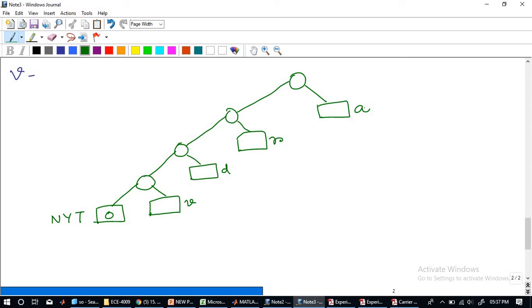We don't have the node number or the node weight, so we have to put those. I'll put the node weight first. Once again, V has appeared the first time: 1 plus 0, 1. D was how much? 1 plus 1? Very good, 2. R was 1. 2 plus 1?